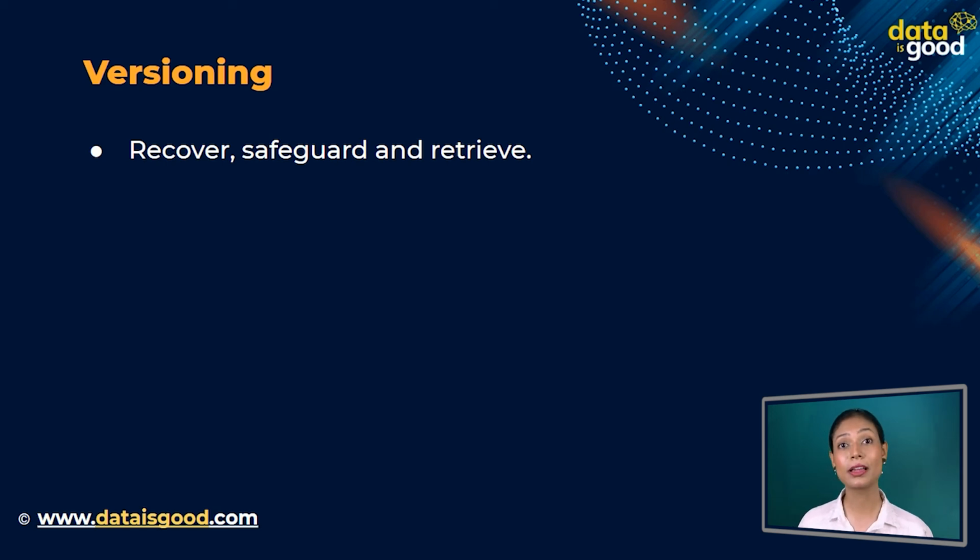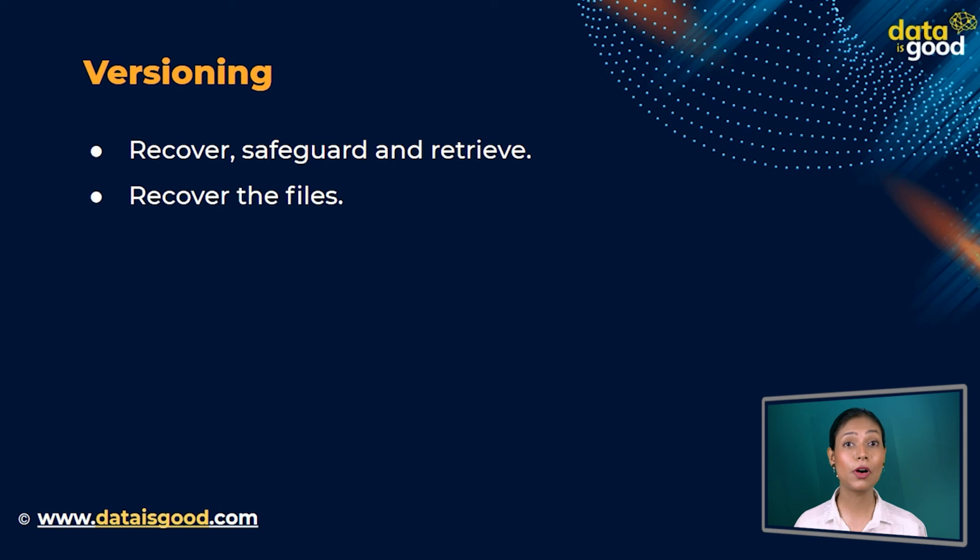For instance, the bucket comprises two objects with a similar key, however, with different versions. And we can use any version that we want. When versioning is enabled, we do not need to worry, as even if we delete a file accidentally, we will be able to recover it. It fulfills two other needs.